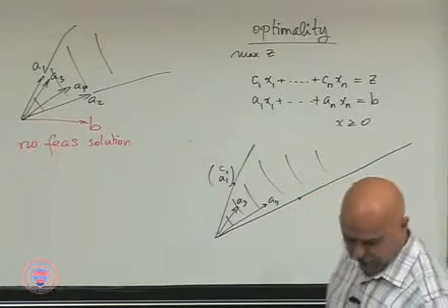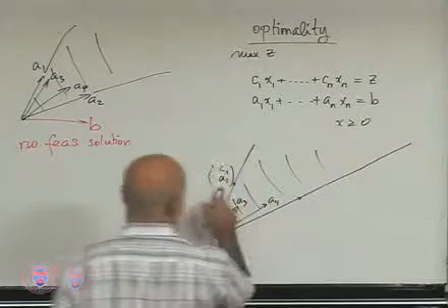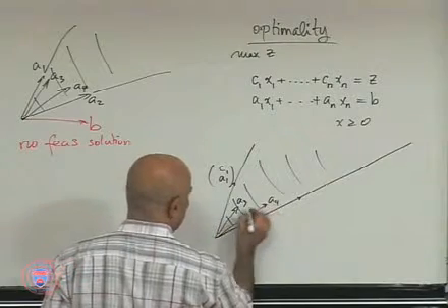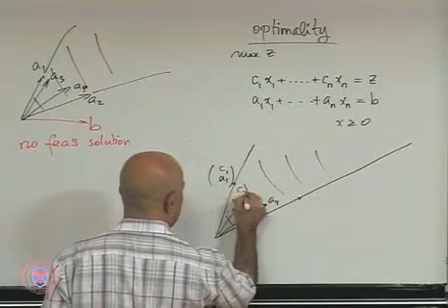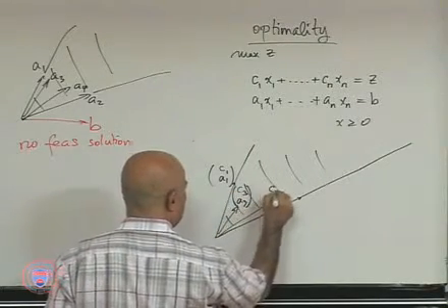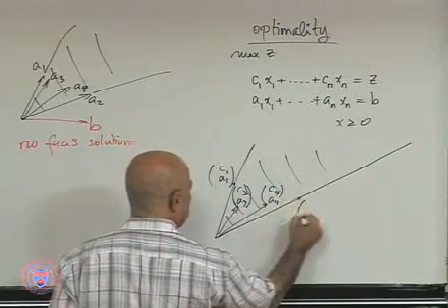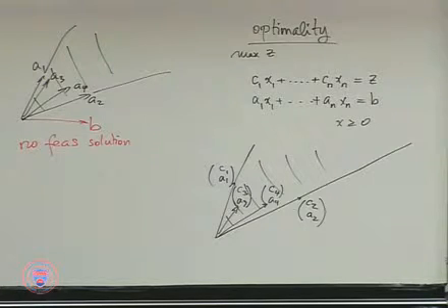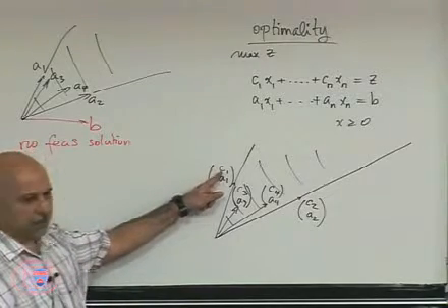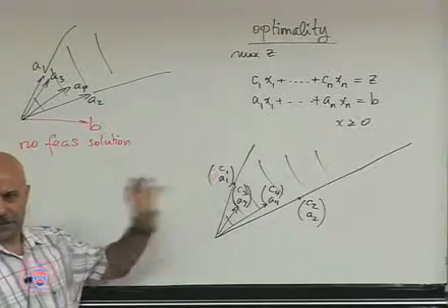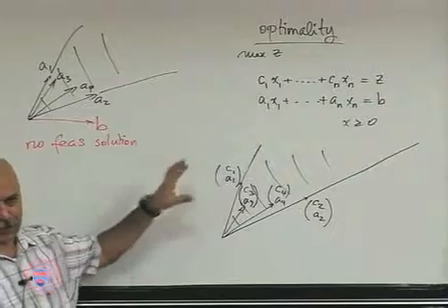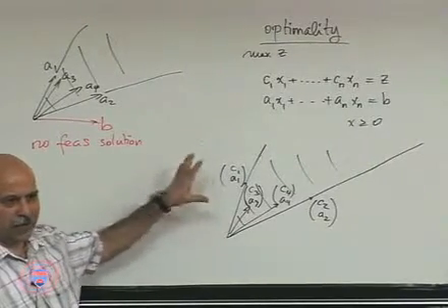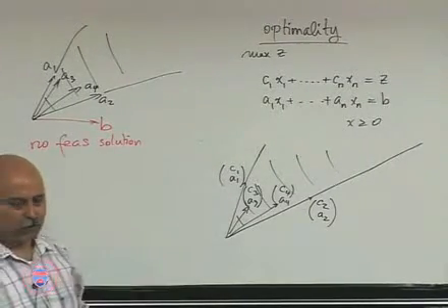Okay. Let's just assume this is C1A1, this is C3A3, C4A4, and this one is C2A2. So I'm assuming A1, A2, A3, A4, they are one-dimensional, and when you take them together with your CJs, then they will become two-dimensional. That's the only purpose for that assumption, is I want to be able to illustrate what's going on here.